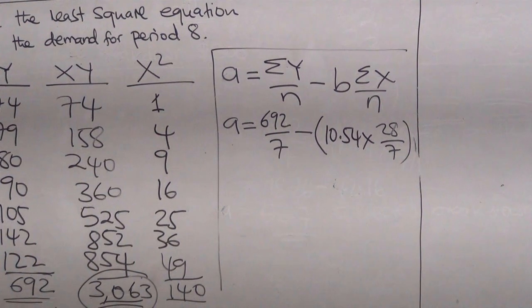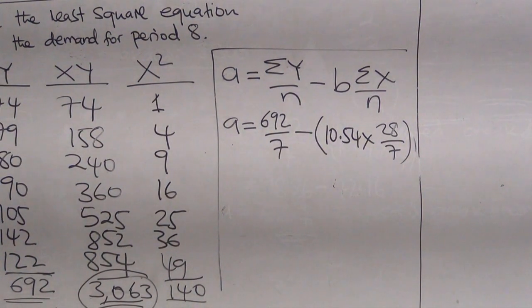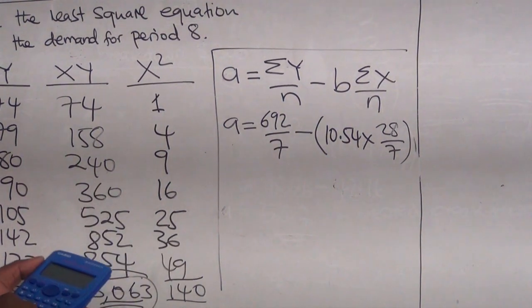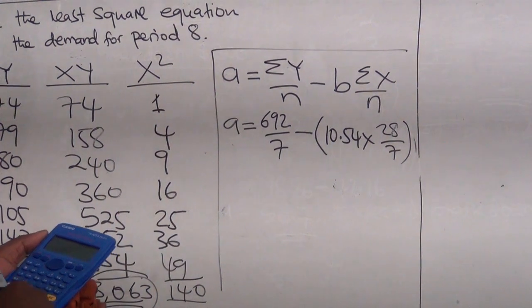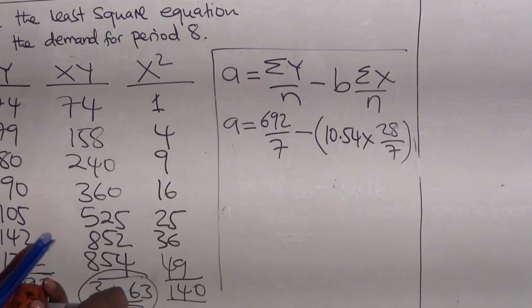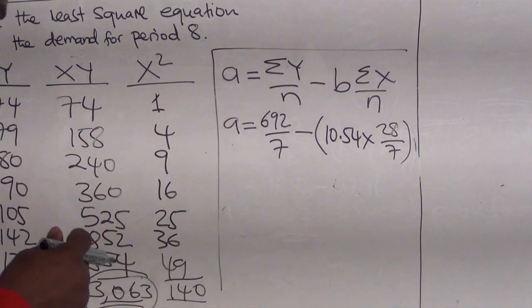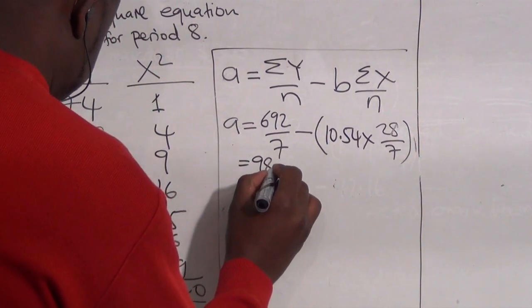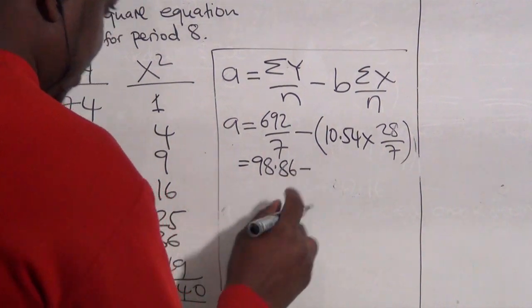Let me process that quickly on the calculator. So now we have 692 divided by 7. That gives me 98.86.